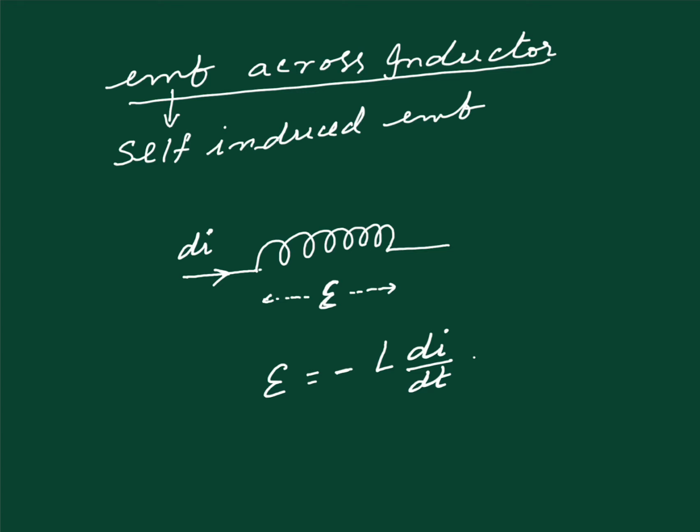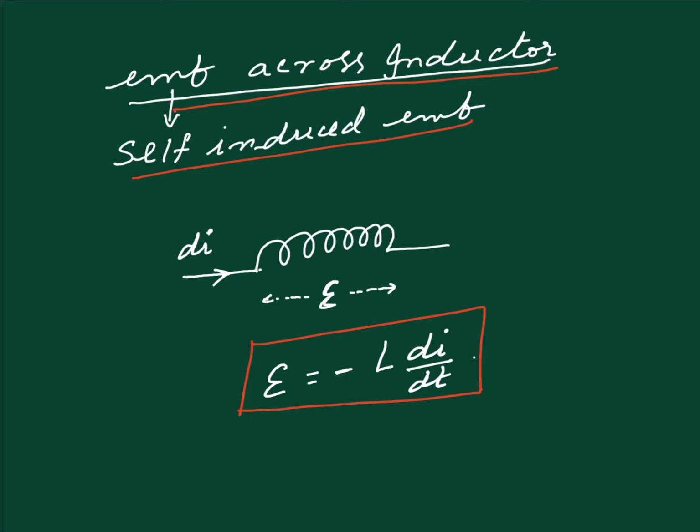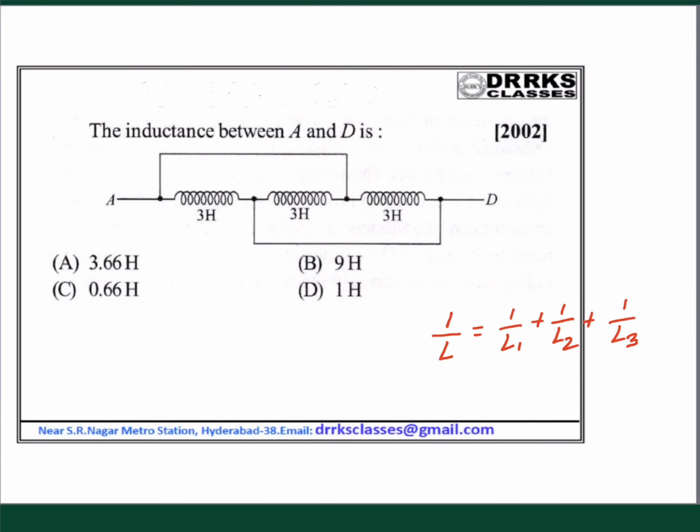Now the EMF across the inductor, also called self-induced EMF, is E is equal to minus L di by dt. This is a self-induced EMF. So these are the formulas we come across in self-inductance. So now look at the previous JEE question.